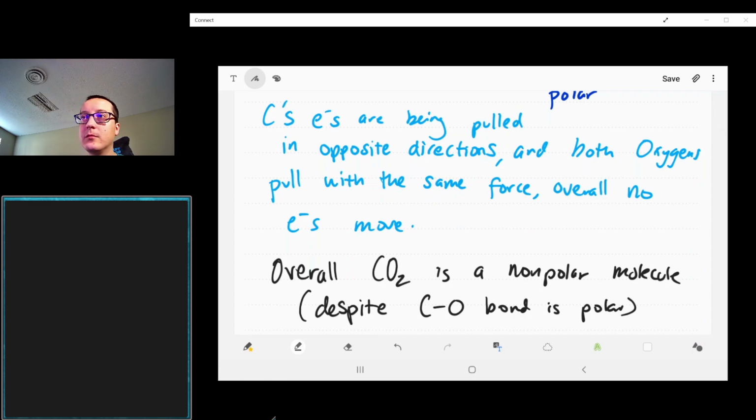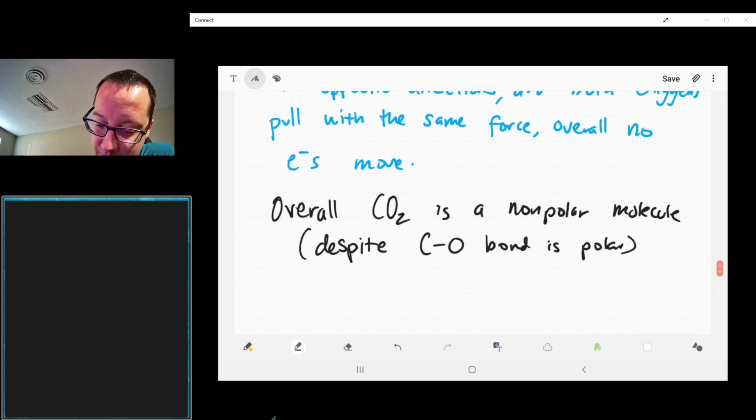So we're going to see that they're related to each other, this idea of polarity of a bond versus a molecule, but they don't necessarily mean the same thing. You can definitely have a nonpolar molecule that has polar bonds in it. You can also have nonpolar molecules that have nonpolar bonds. And of course, you can have polar ones that have polar bonds too, and polar ones that have nonpolar bonds. You can have all sorts of mixtures here.